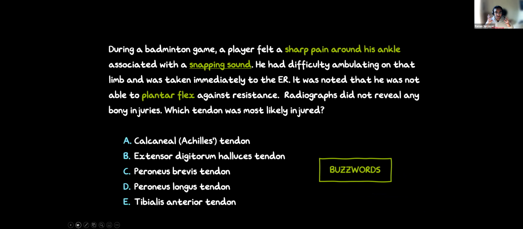So that's kind of your buzzword for an Achilles tendon. It's very sharp, snapping, gunshot style kind of pain and sound, I guess, when the tendon snaps. But obviously your plantar flexion and sharp pain on the ankle are also clues that it's going to be the Achilles tendon. So yeah, that's just A.